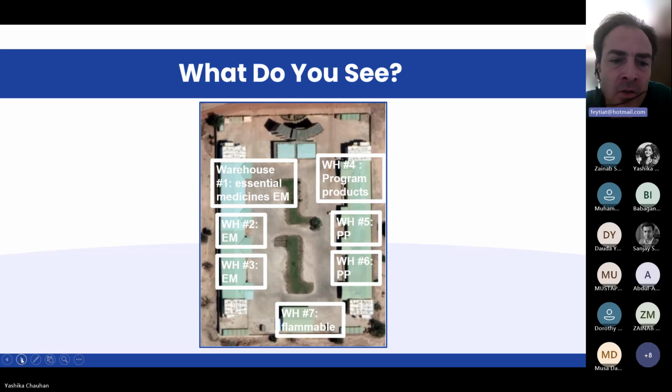The second one on the left side is essential medicine, building number 2, or warehouse. Warehouse number 3 is essential medicine. Warehouse number 4 is program product. On the right side, same for building number 5, number 6, and 7 is flammable.